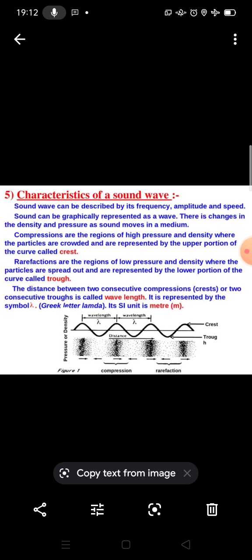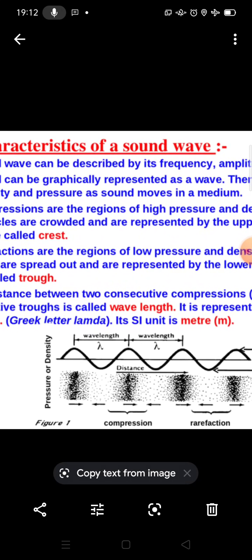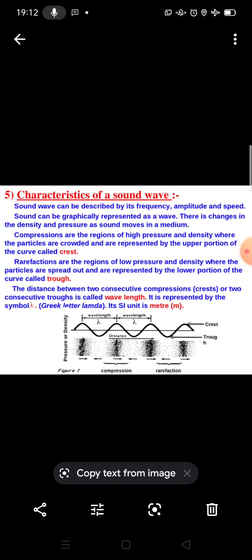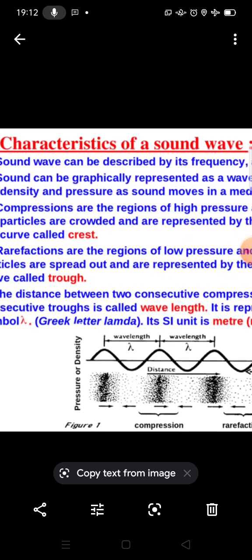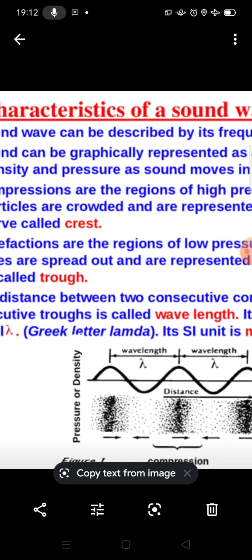You can see this picture. This is the reason for the high pressure and density, and it is represented by the upper portion of the curve. You can see this crest, the upper portion.